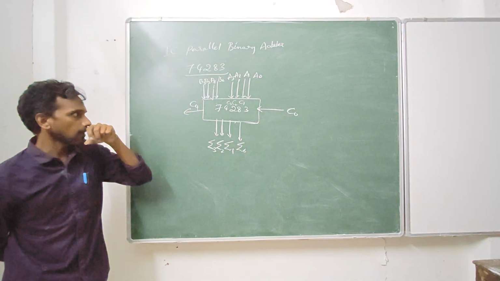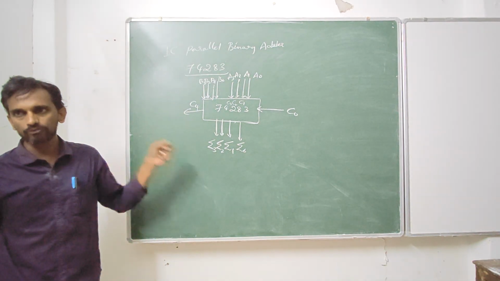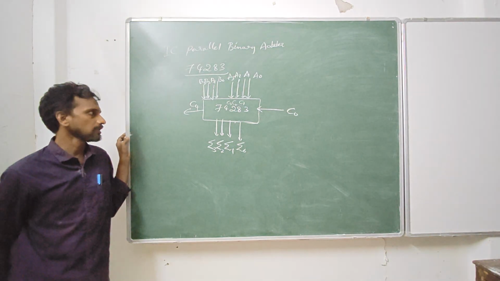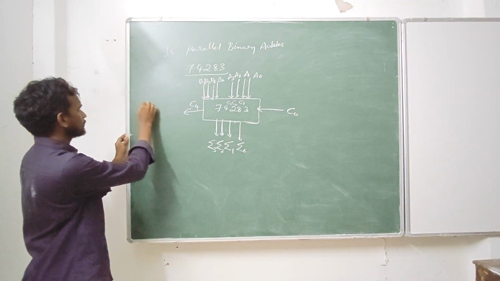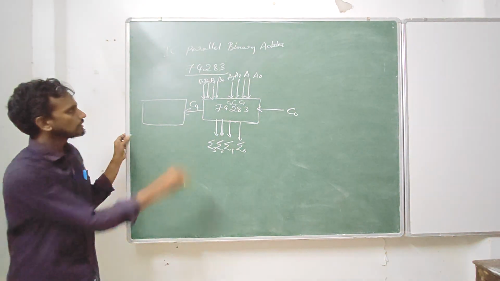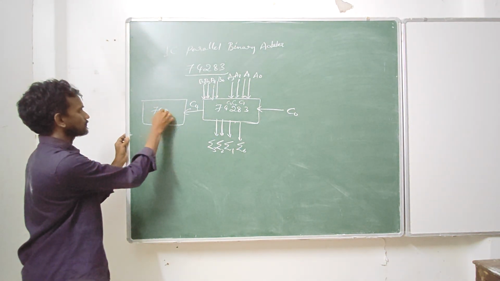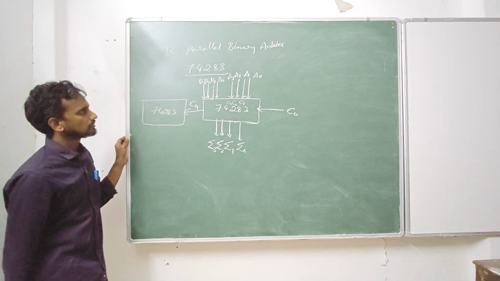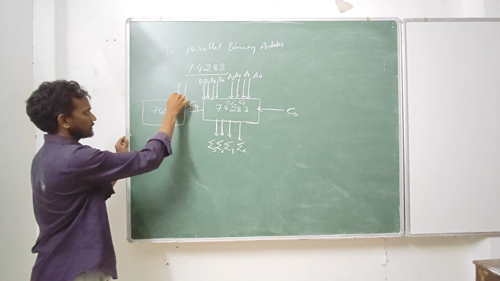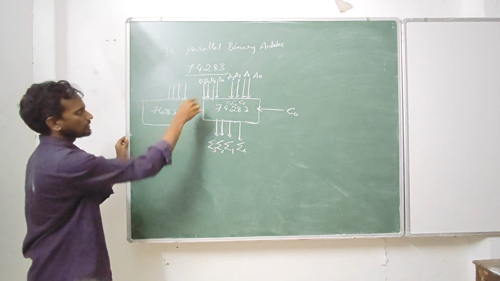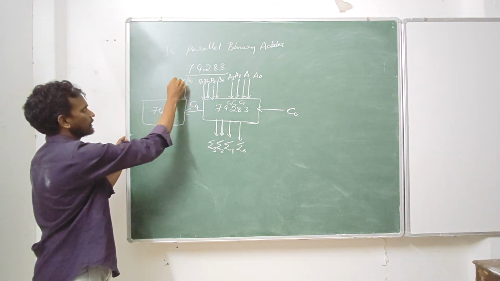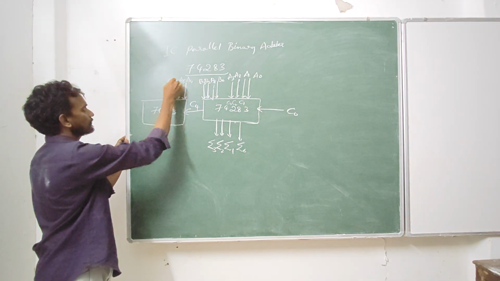And for parallel operation, if your number has more than 4 digits, let's say 6 digits or 8 digits, you can place a similar IC here, 74283. So then the next series of digits will come here. So up to A3 it is over, A4, A5, A6 and A7.